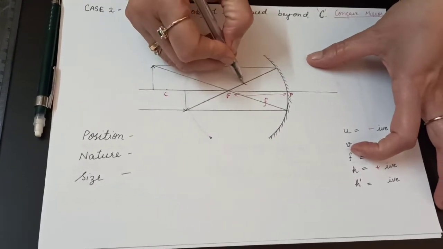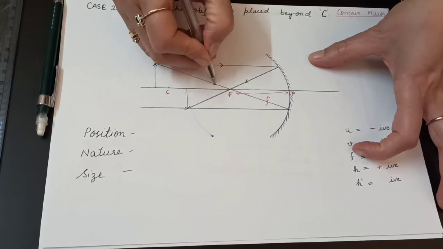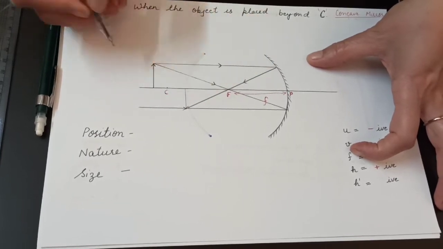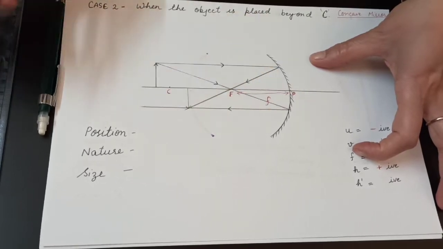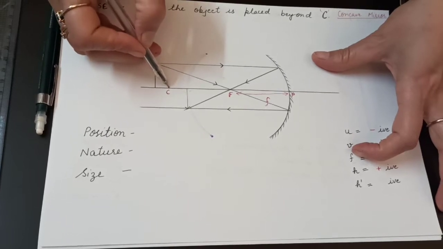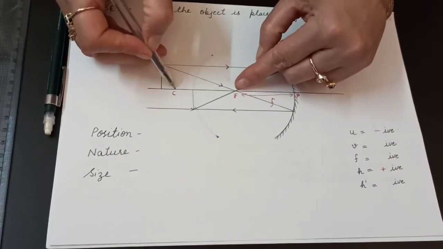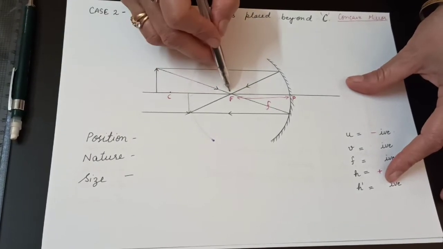This is the reflected ray, this is the incident ray, this is the next incident ray, and this is the reflected ray. So you can see the image is formed between C and F. So now the position would be between C and F.